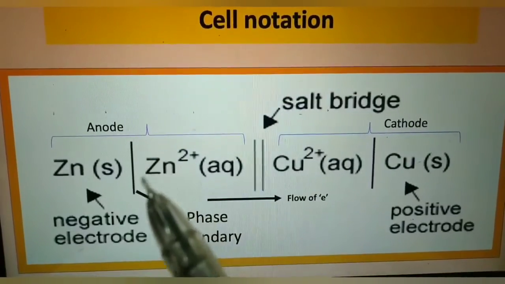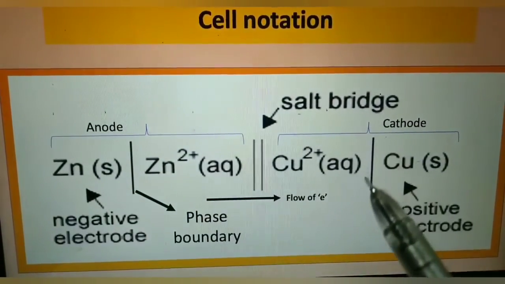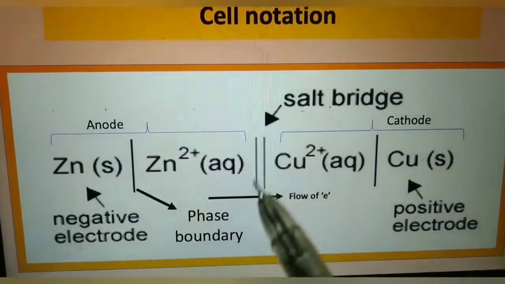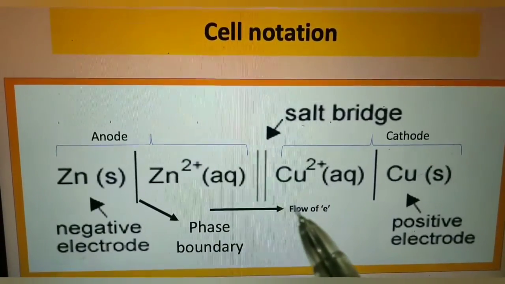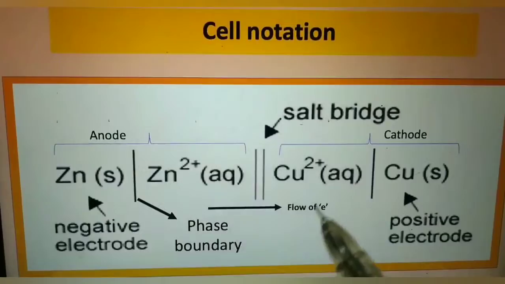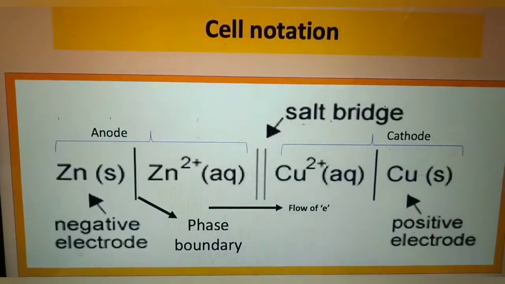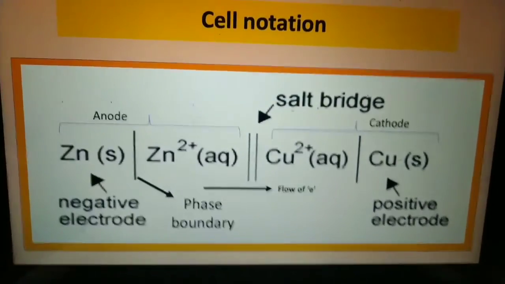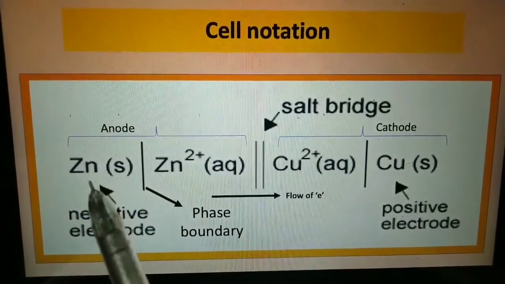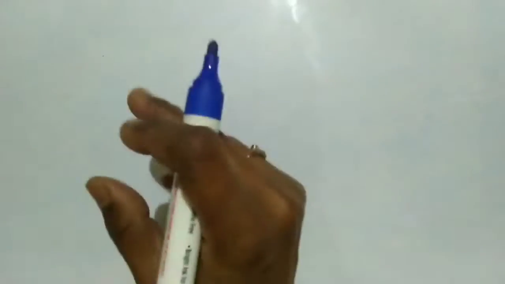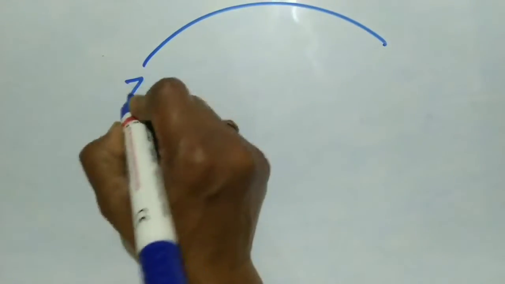This is the phase boundary between the solid and aqueous phase, and this is the notation for the salt bridge, and you can see the direction of electron flow. Anode is always written on the left hand side and cathode on the right hand side of the cell notation.